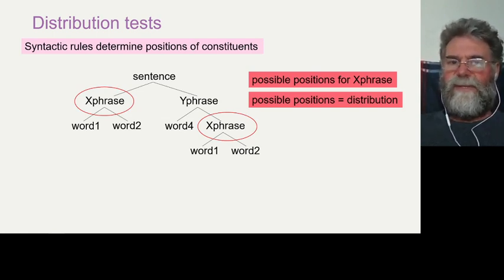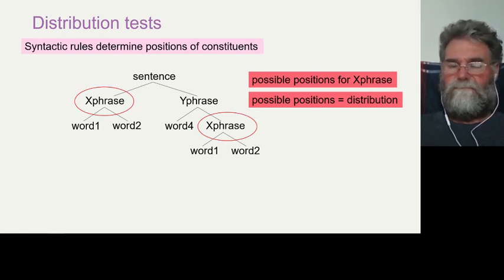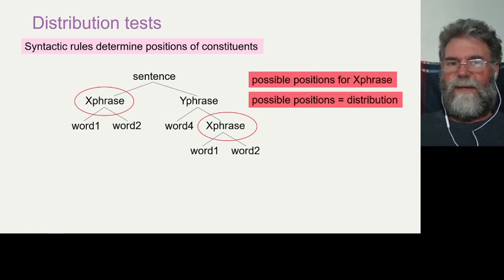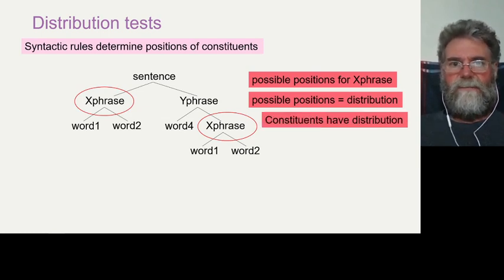And the possible positions that we find phrases, we call their distribution, just like we've seen in phonology, that phonemes, or phones in particular, have distributions, the contexts in which they can appear. Well, so do constituents of a sentence, precisely because the rules of syntax tell us what positions these constituents go in. So constituents then have distributions.